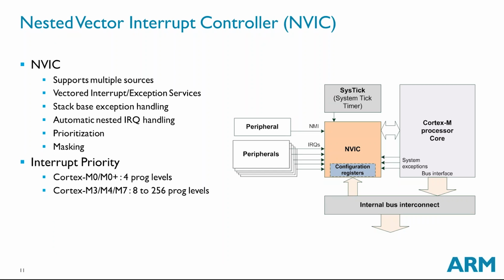The NVIC has a number of programmable registers inside, which you can use to set up priority levels for interrupts, or enable and disable them, and so on. The NVIC handles nested interrupts automatically. So for example, if a high priority interrupt comes in, it can preempt a running lower priority interrupt, and the processor will automatically save some of the context using stacking operations.